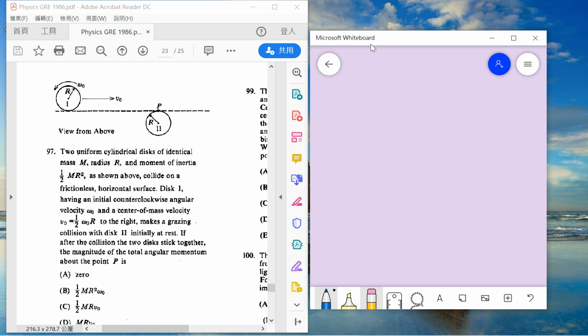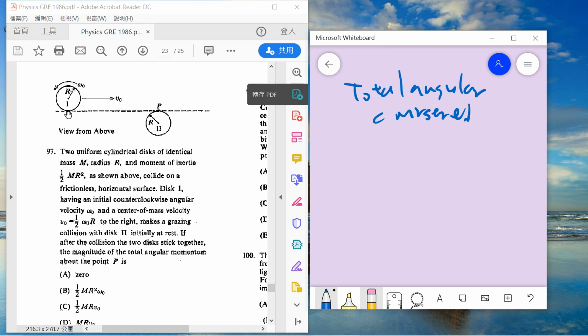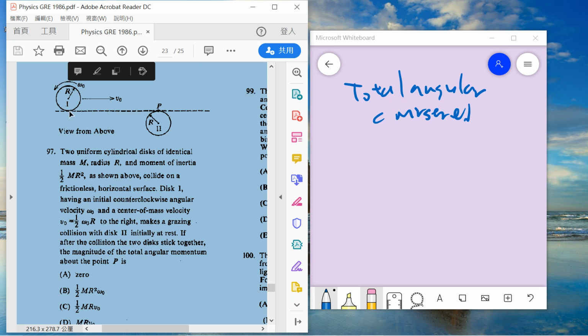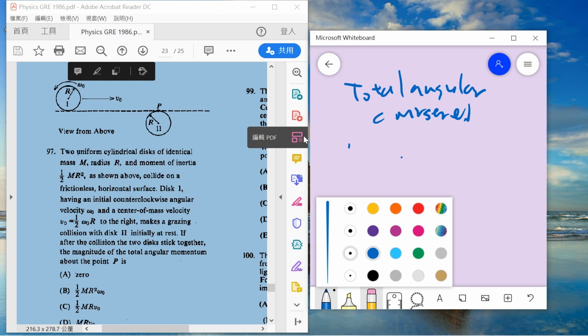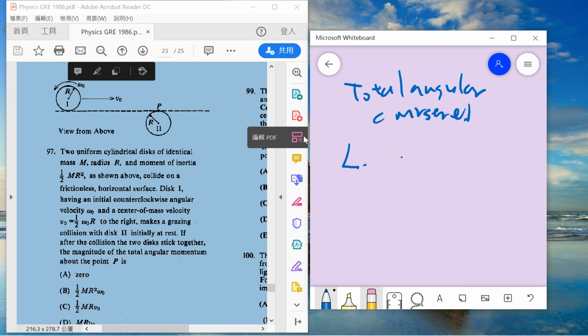Okay, so key point is that the total angular momentum is conserved at this point. So this is the fact. Okay, so now you have two kinds of momentum. One is the rotation. Rotation is I omega naught, and then there's a translation.